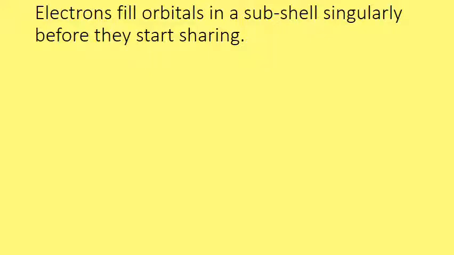Okay, here we have our second little rule to help us work out electron configurations, and that is that electrons fill orbitals in a subshell singly before they start sharing. This is sometimes known as the London bus rule. So imagine yourself walking up the stairs in a double-decker bus onto the top level, and you're looking for a place to sit.